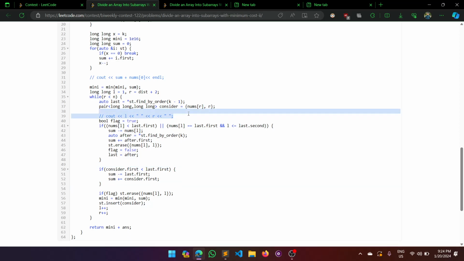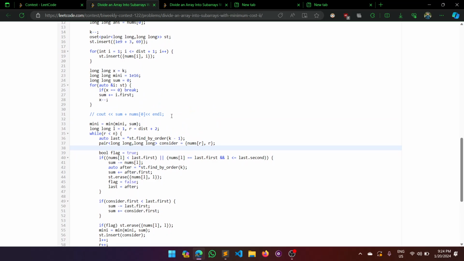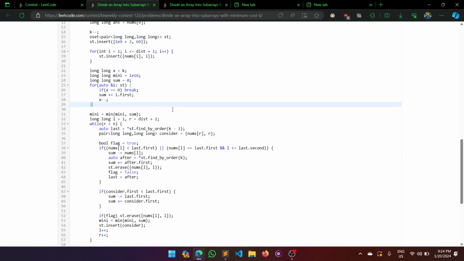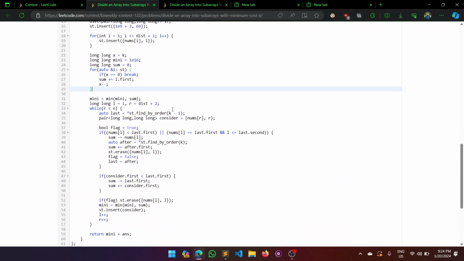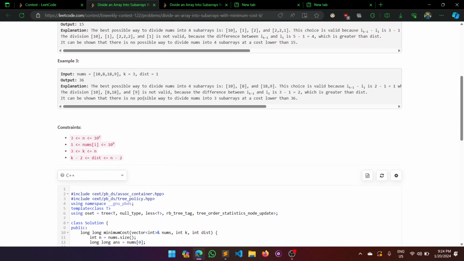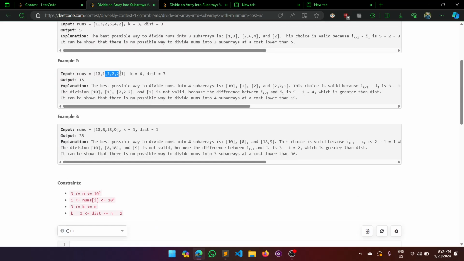I have explained the approach earlier, and I think this question was all about having that idea in your mind. The implementation is tricky, no doubt about that, but the thing that I explained earlier, like you have to consider window of distance plus one size apparently, and you have to consider first k minus one elements, which means the smallest k minus one elements.